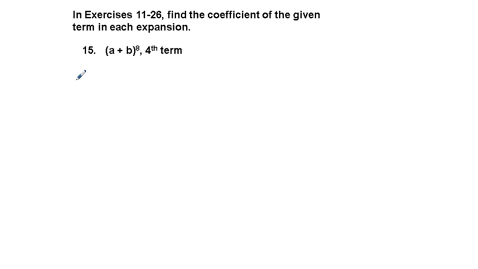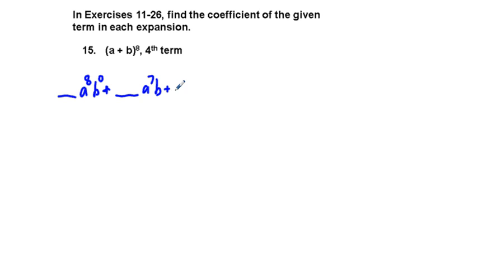What we're going to get is some coefficient times a to the 8th, and it'll be b to the 0 power, plus, we just subtract 1 from 8, so we're going to get a coefficient, a to the 7th power, and b to the 1st power.